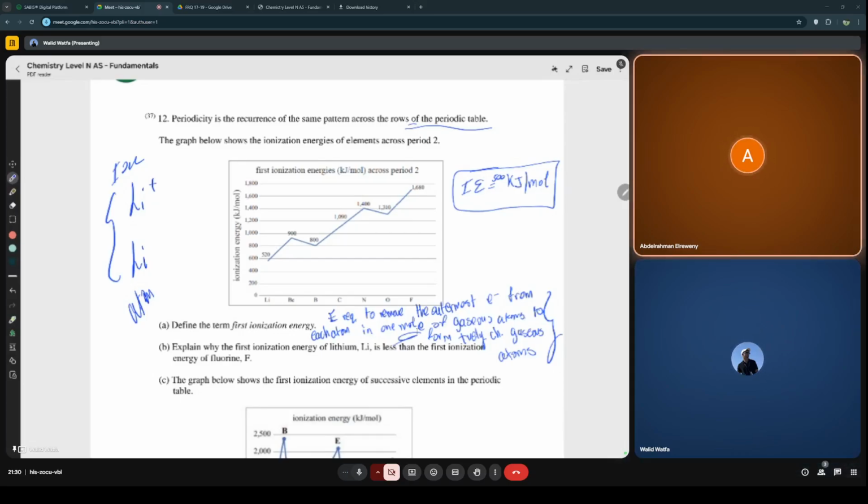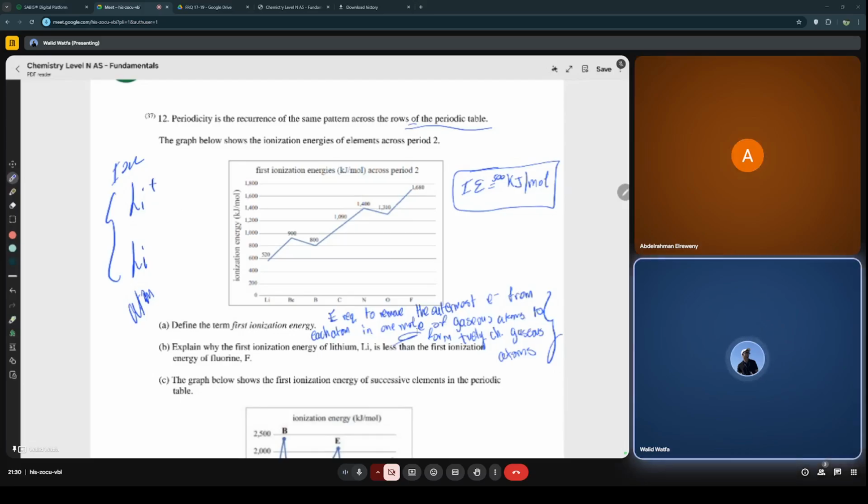I don't know, it's to remove the outermost electron. I don't think you're supposed to say each atom, like 1 mole of gas atoms. No, the definition says, the energy, I told you, it's in 1 mole. You can't just take 1 atom out of the whole mole and leave the rest.